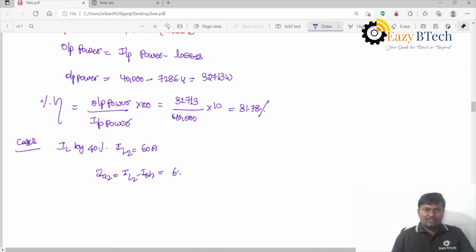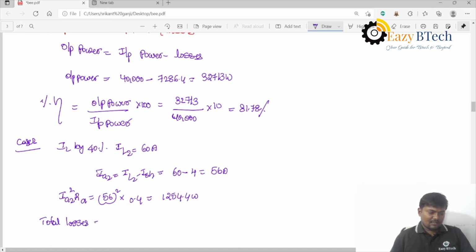There is no change in the shunt current because we are not adding an external resistance. So this should be equal to 56 amperes. What is the armature copper loss? The armature copper loss is 56 squared into 0.4, which is 1254.4 watts.